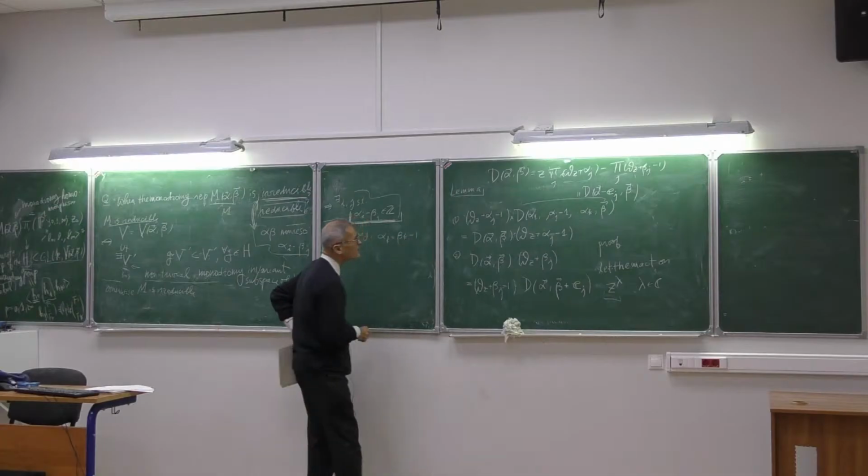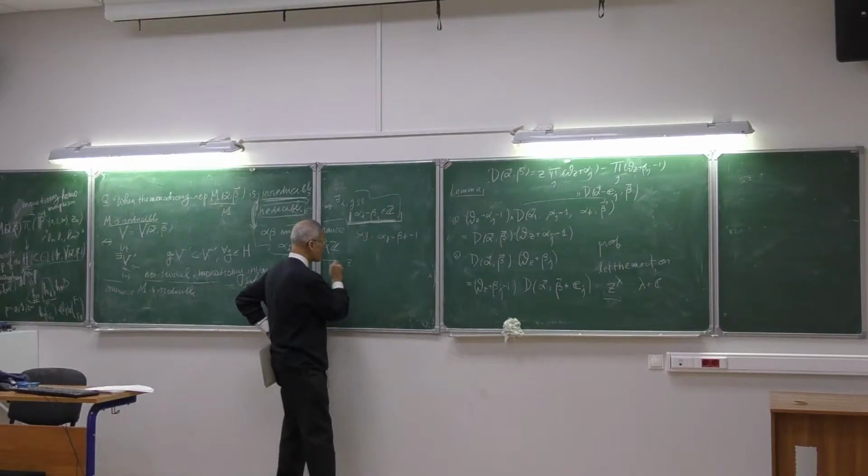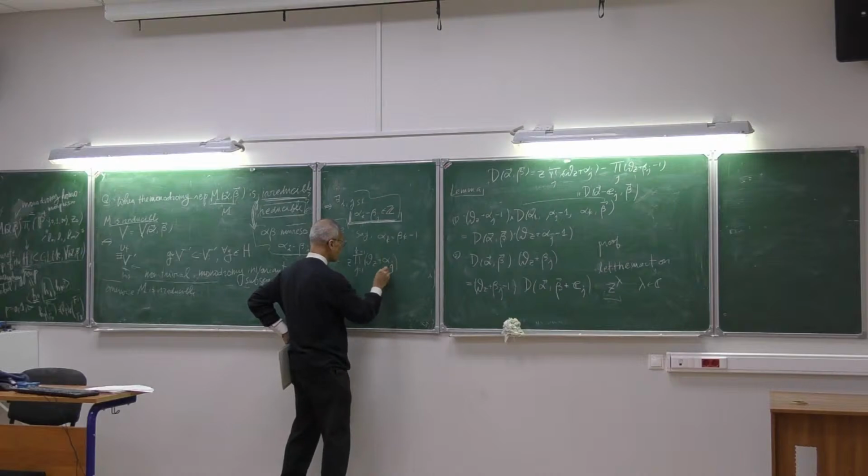What happens? That is, say, then the operator factors out, k minus 1, isn't it?